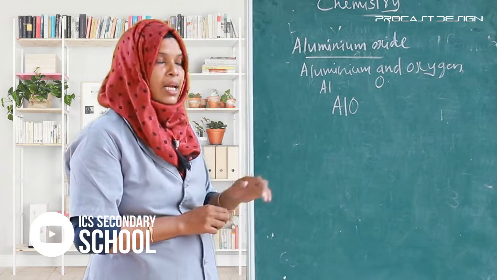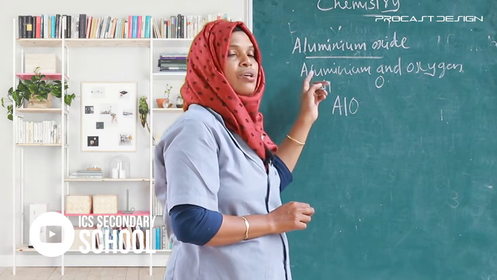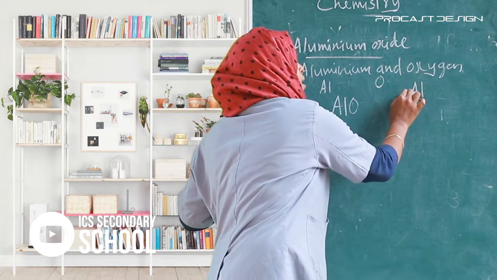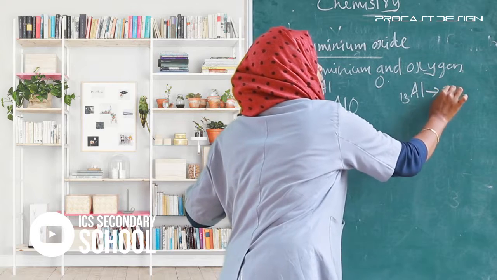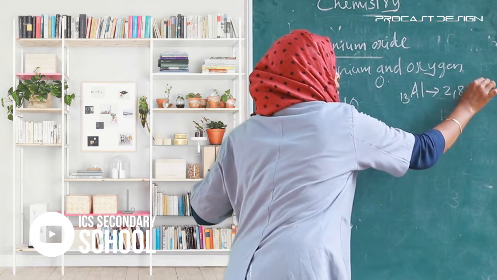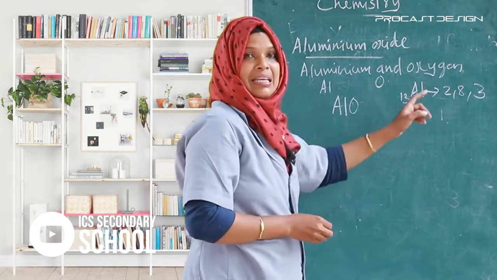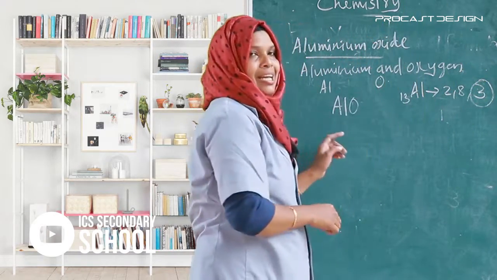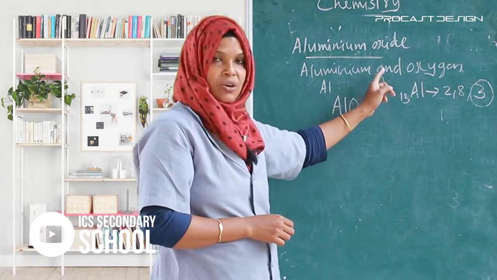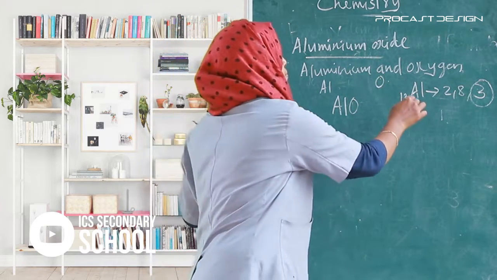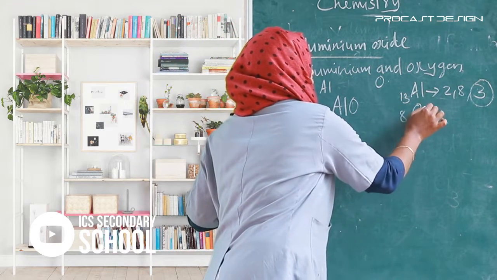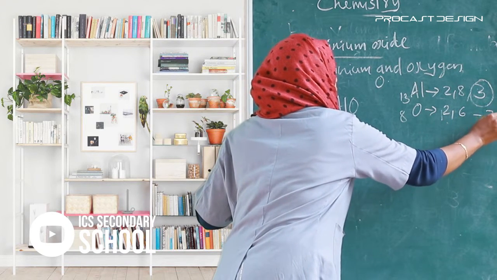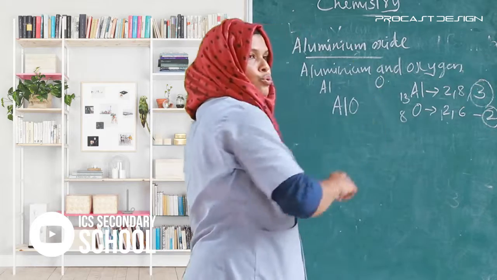Can you tell me the valency of aluminum? Aluminum 13, 2, 8, 3, so its valency is 3. And the valency of oxygen? 8, 2, 6, so in this case valency is 2.